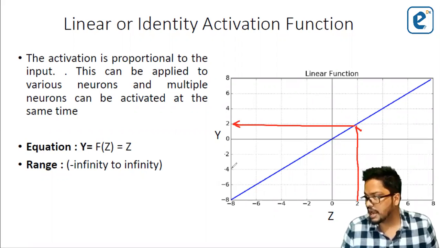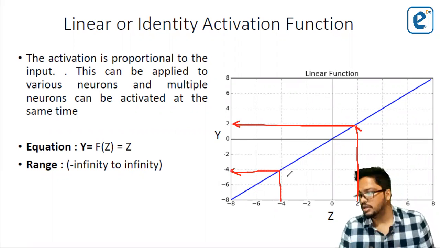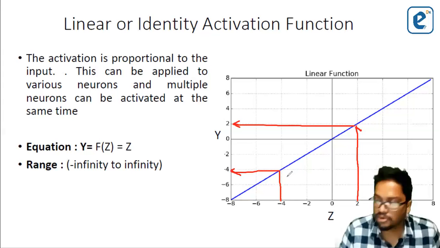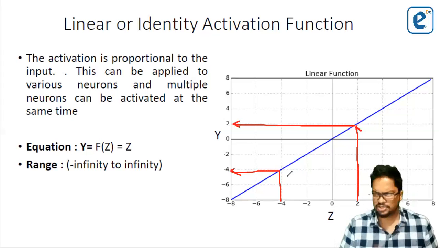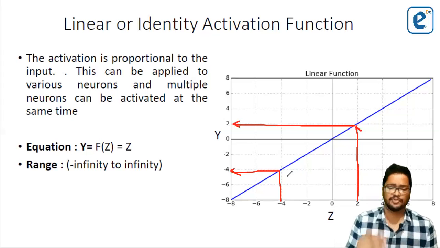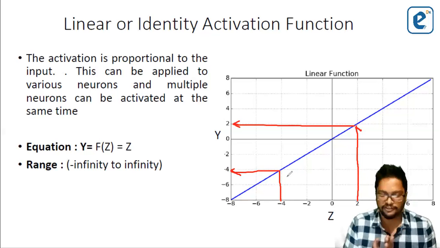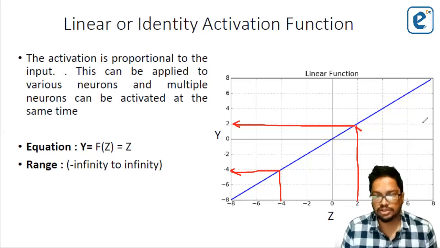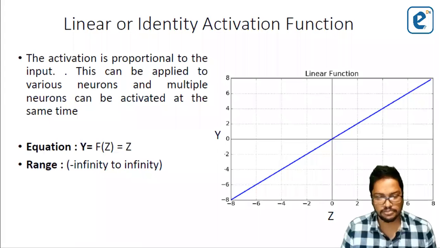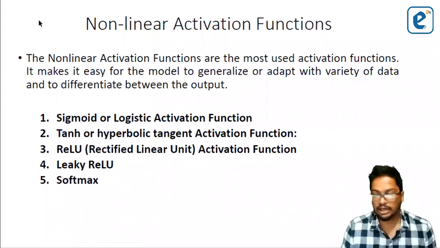And if the Z value is minus 4, the Y value will again be minus 4. So Y equals Z, that's what you call linear activation. I will explain the purpose of having an activation function later, but keep this idea in your mind.